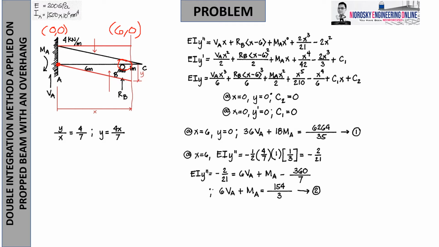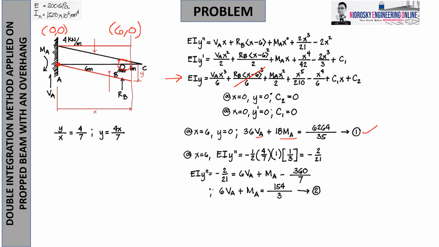So at x is 6, we know that the deflection is 0. Therefore, using the third equation, EIy equals shear A over 6, with x is 6, and 6 minus 6 is 0, so RB drops out. With MA, everything follows, so you get this first equation. So shear A and MA are unknown, and RB is removed from the moment.